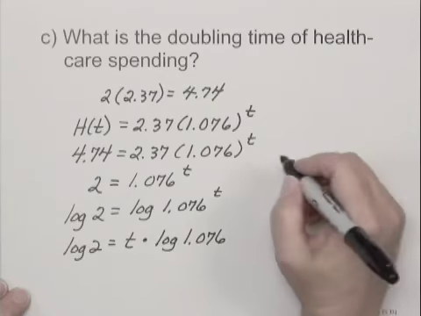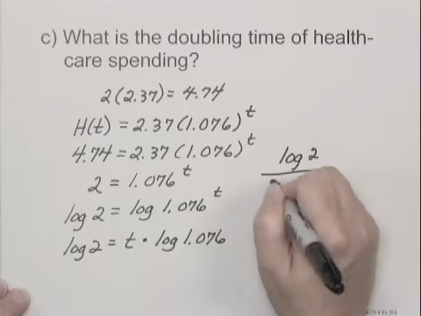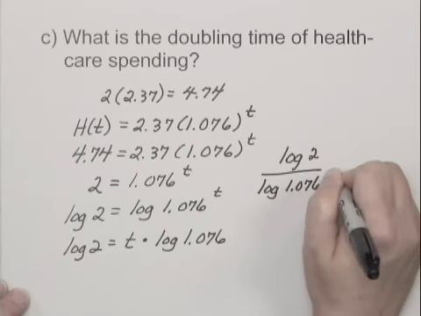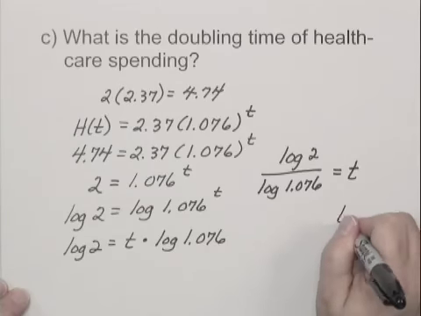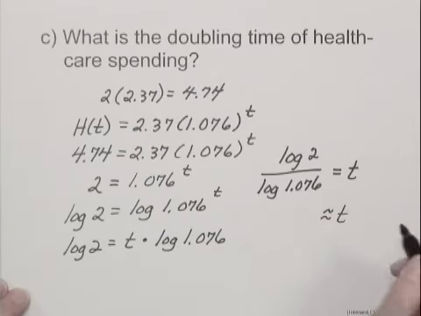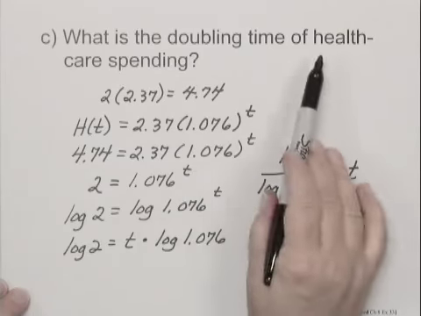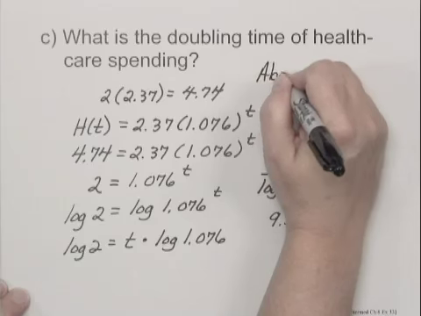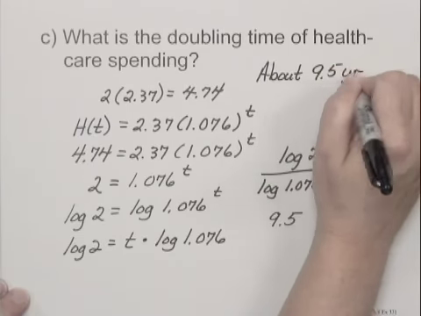We'd have log 2 divided by log of 1.076 equals t. And now as my final step, I approximate. T is approximately equal to 9.5. So the doubling time of healthcare spending is approximately 9.5 years.